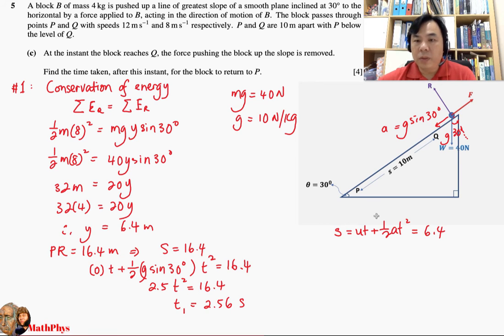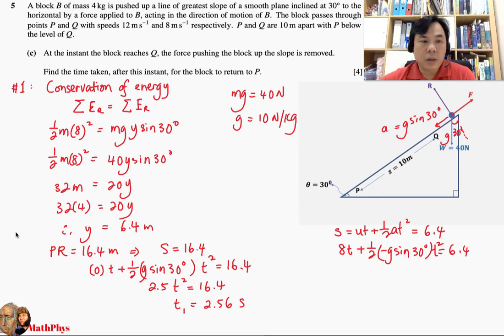The time taken to travel 6.4. My initial velocity here is actually 8. And now acceleration, as I mentioned, if it's going up, it will be negative. It's going down, it will be positive. And multiply by t squared. Yeah, before I forgot that.